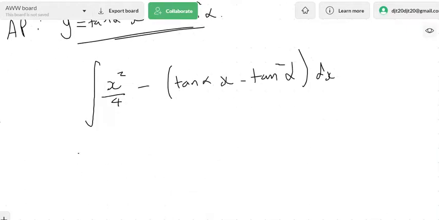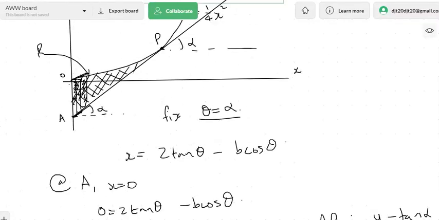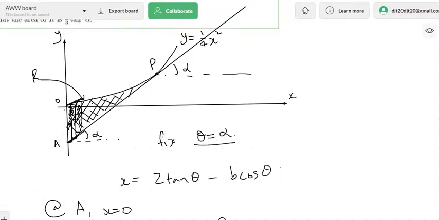So now what we need to do is find out the limits. Well, the lower limit's going to be 0, it's obvious. The upper limit is when what occurs? If we remember, this here was b. So if we turn this into a triangle, we get x is equal to b cos alpha.